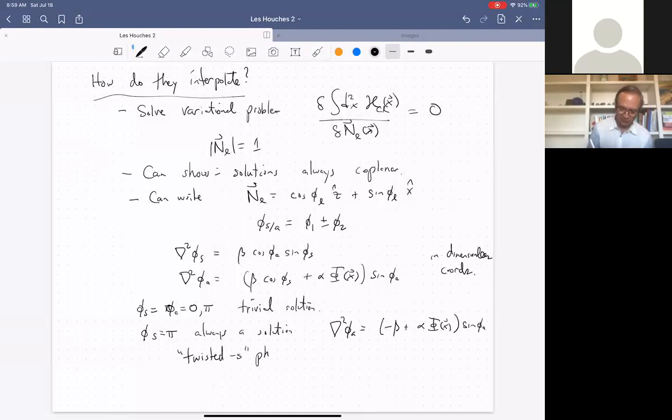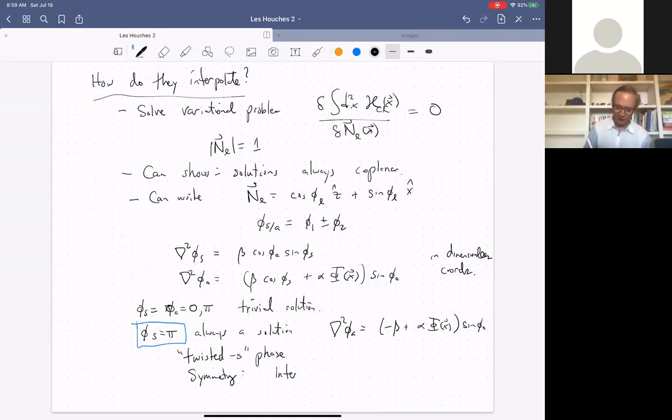twisted S phase because it has some simple structure for the S symmetric part of the phase. This statement that phi s equals pi here, actually what it means physically is this: although one has a magnetic texture in which both the Néel vectors in both layers rotate, there's a hidden symmetry of that pattern.